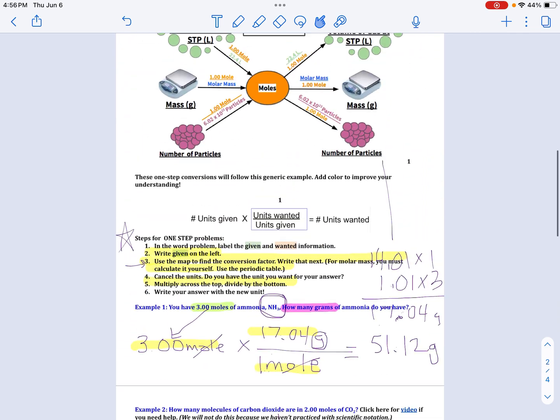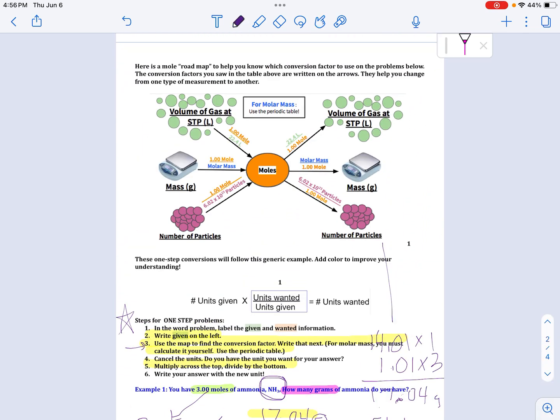So let's look at our map. The different options here for the given are liters, grams, or even moles. We're not going to see this particle one. Like I said, we haven't done the scientific notation. So my given this time is in liters.